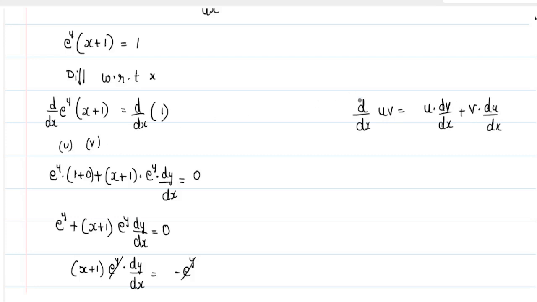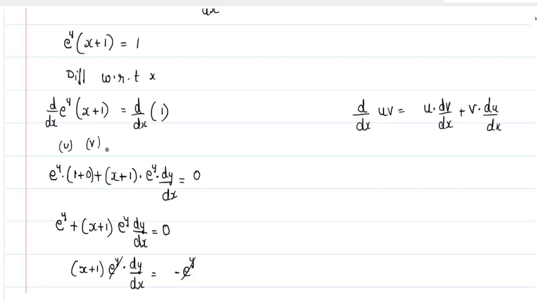On applying this uv rule, we get u into dv by dx. u is e to the power of y, e to the power of y into dv by dx, that is differentiation of x plus 1, that is 1 plus 0, plus v into du by dx.